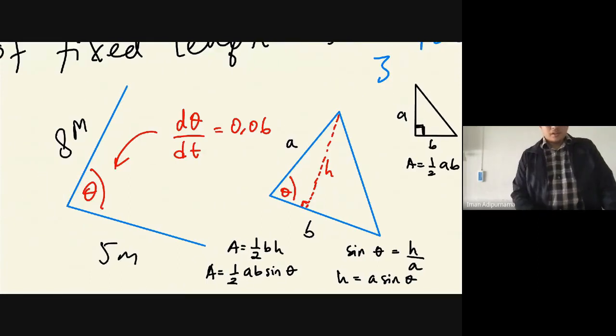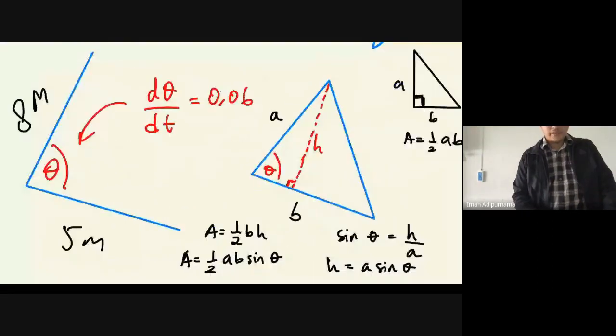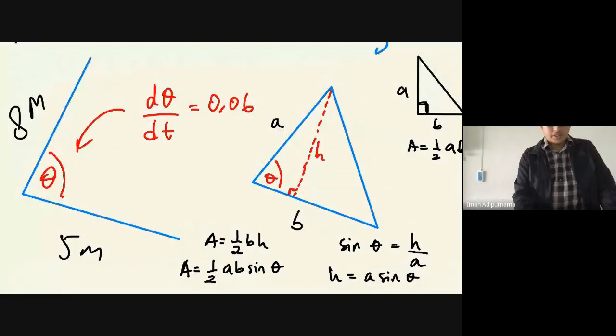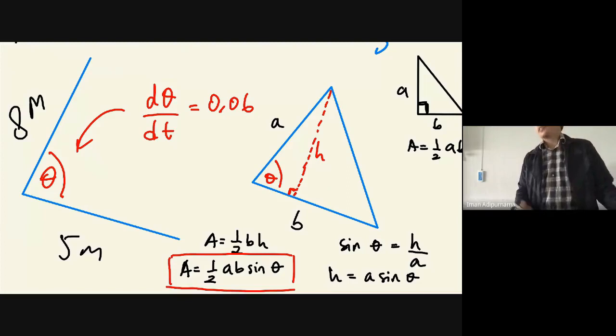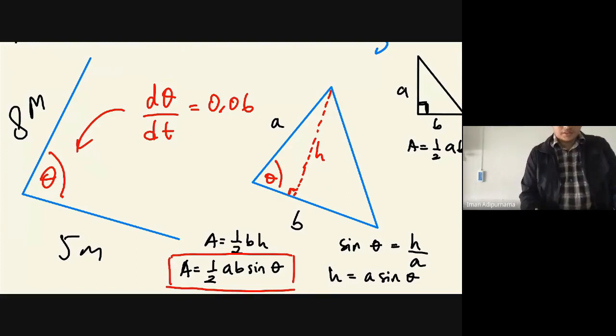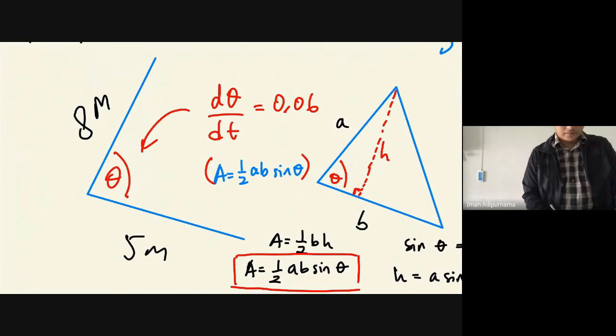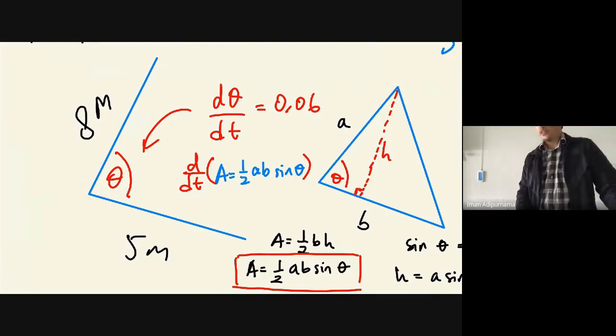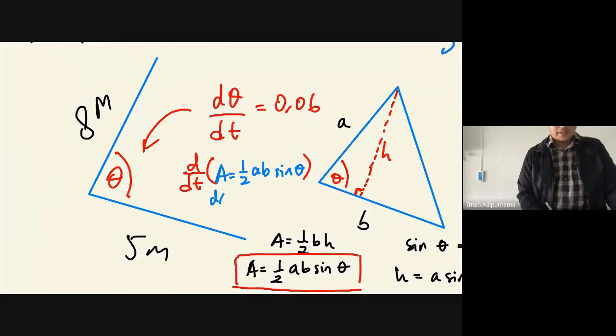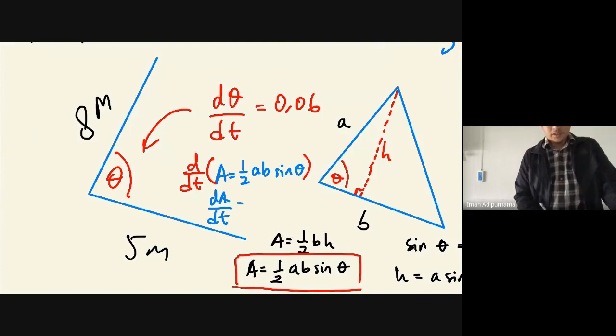Every time you get the general rule, like this one for the area, what you need to do is just derive this area with d dt, with respect to time. So we'll directly get dA over dt, and then derive all.